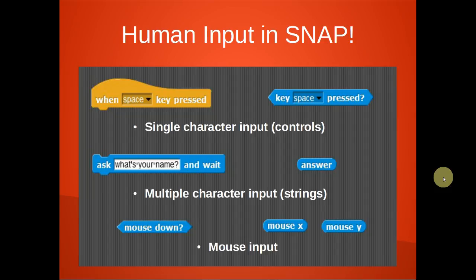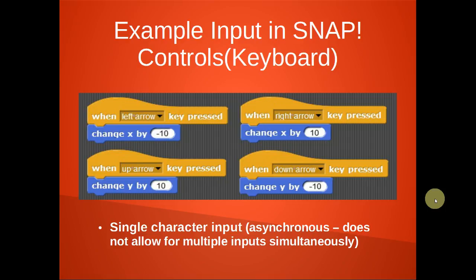And then ask what's your name and wait is a way for you to input a string, which will let you put in anything. It even could be a number that you want to type in, but the main point is facilitating you inputting what you want there, and how you handle it with the answer there is pretty much up to you. And then your mouse input is your mouse down and your mouse X value and your mouse Y value. Those are all up to you to use.